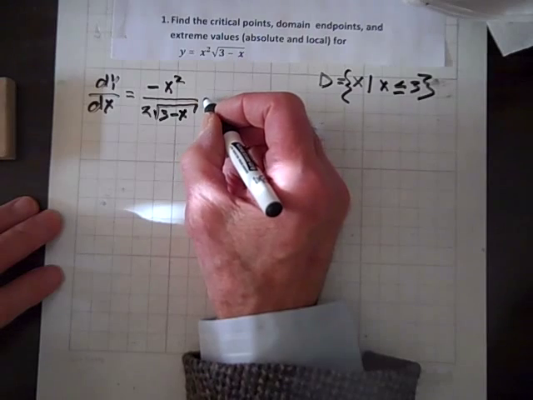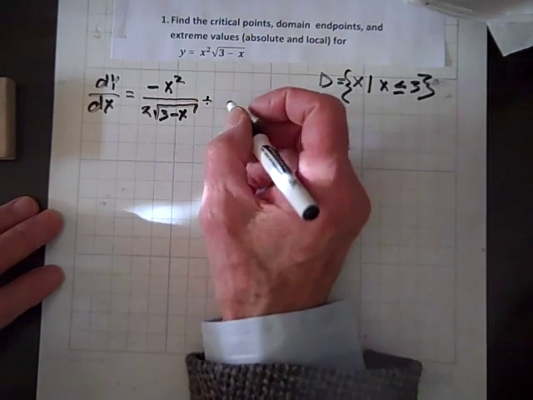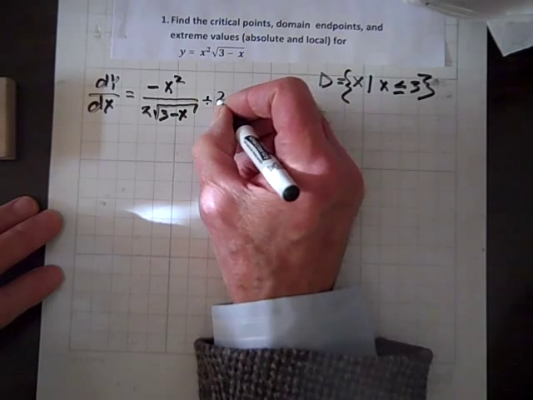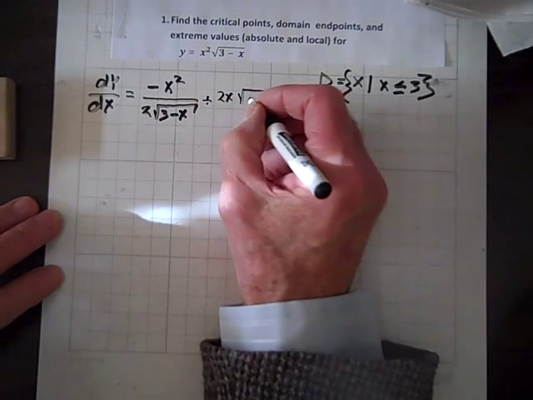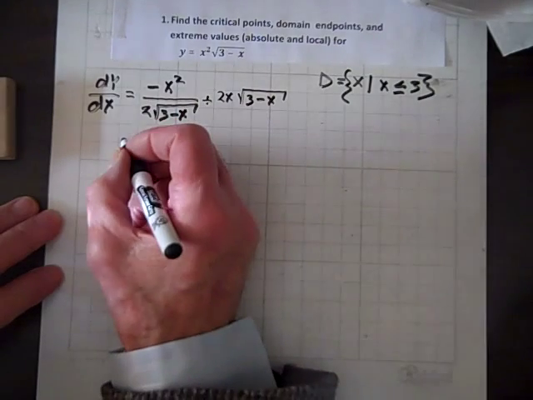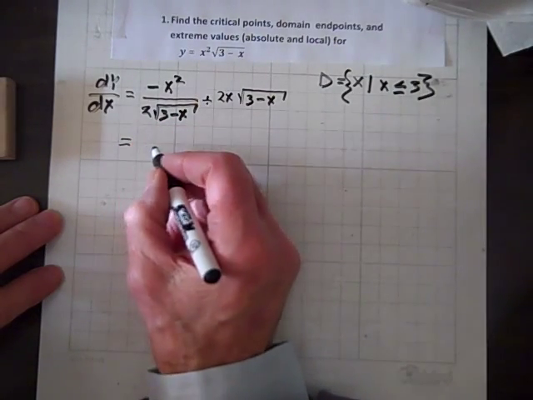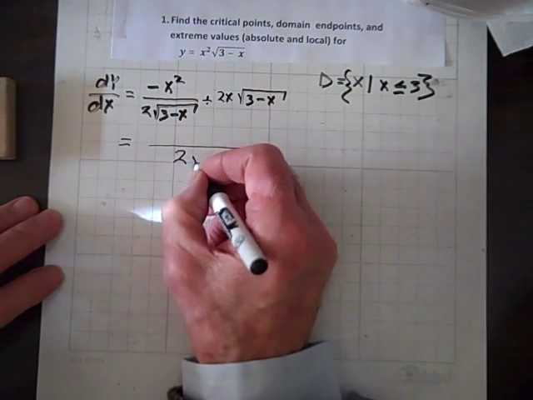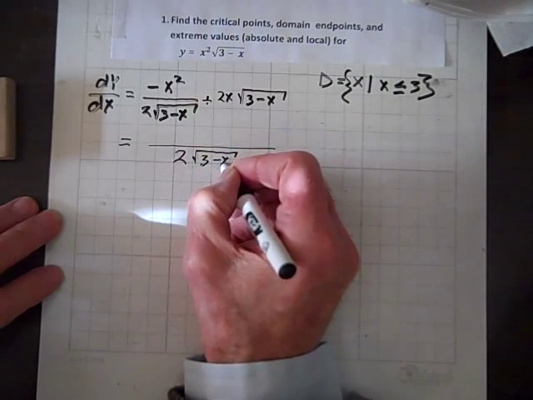Now, plus, and now holding square root of 3 minus x constant and taking the derivative of x squared, we get 2x times the square root of 3 minus x. Next step, let's add fractions. And so our common denominator is 2 times the square root of 3 minus x.